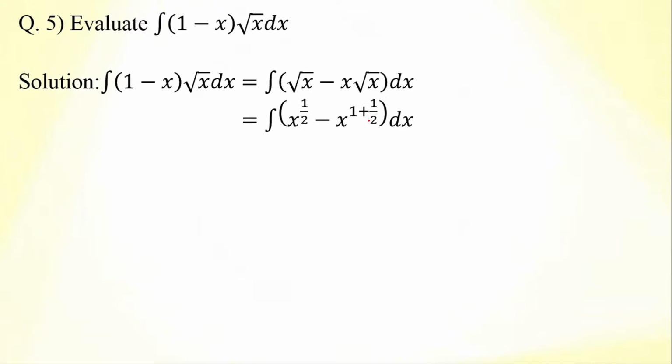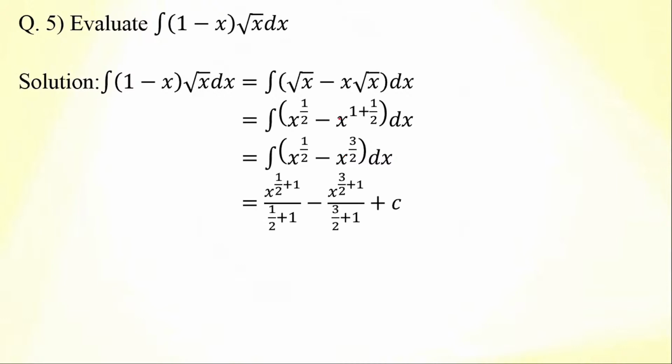When you simplify the exponents of x, you'll get x to the power 1 by 2, and here x to the power 1 plus 1 by 2, because bases are same, so powers get added up. So this becomes x to the power 1 by 2, and this becomes x to the power 3 by 2.